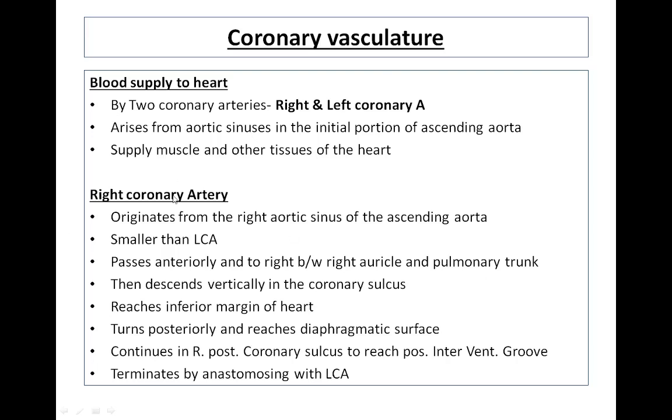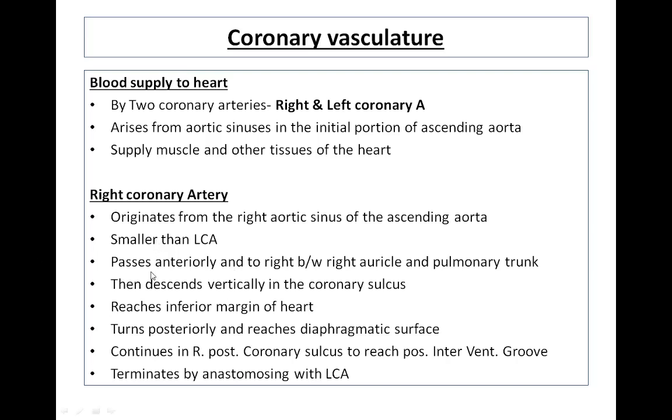The right coronary artery arises from the right aortic sinus of the ascending aorta, and it is smaller than the left coronary, because the left ventricle is thicker, so the left coronary should be larger, as it has to supply more muscle.